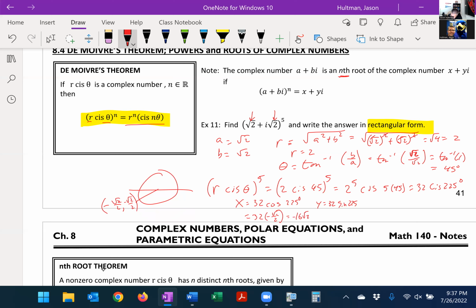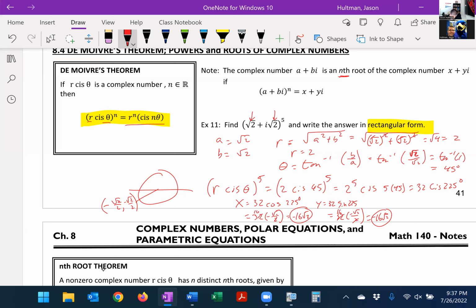And the same thing is going to go for y. y is equal to 32 times negative radical 2 over 2, which is equal to negative 16 radical 2. Cancel those. Okay. And so what is this going to be in terms of rectangular form?